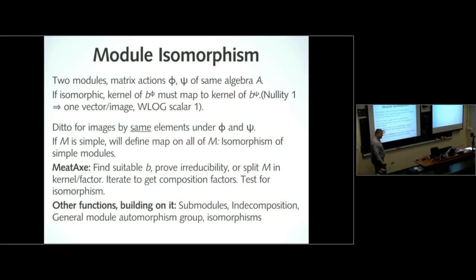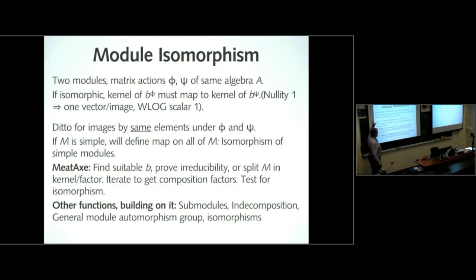And there is further functionality which finds all submodules of a module, basis for all submodules, or finds a decomposition as a direct sum of indecomposable submodules. And from this one can actually build module automorphism, group isomorphism of module, test isomorphism of arbitrary modules, not just of simple modules, but this is somewhat more involved.